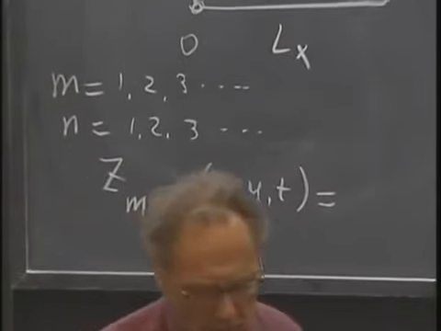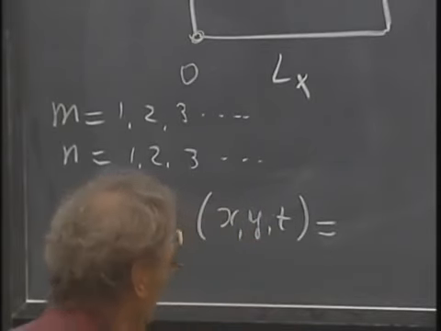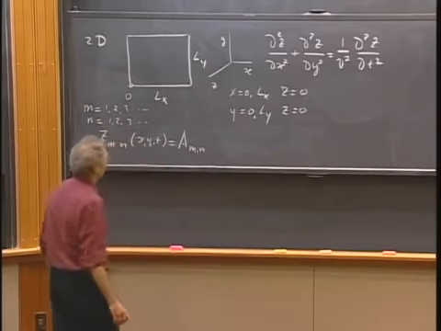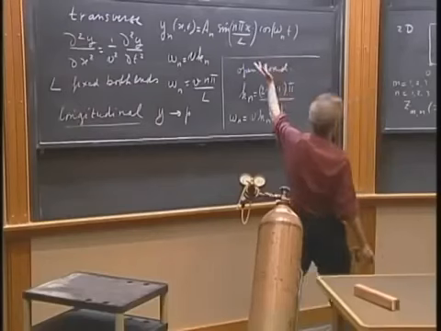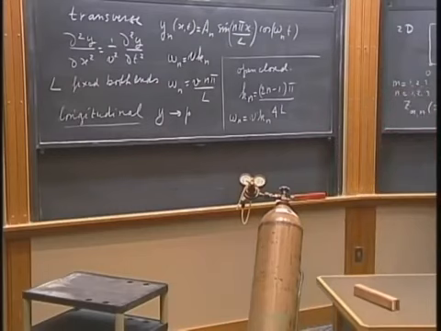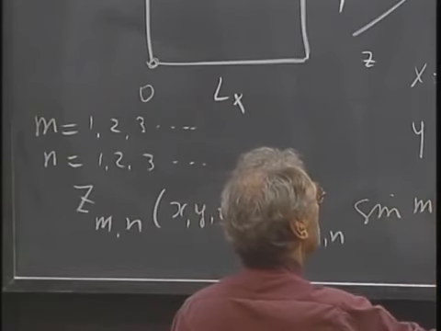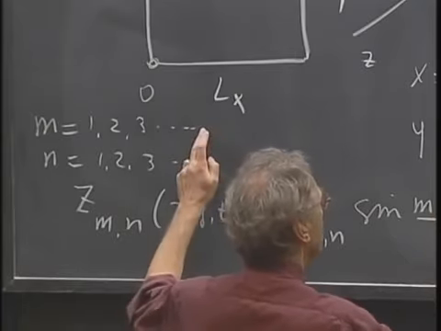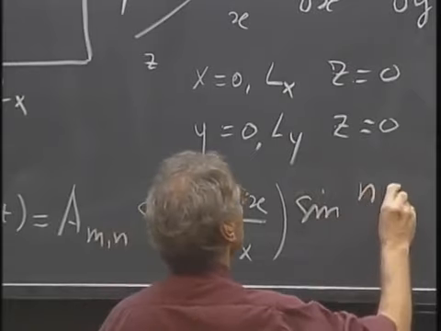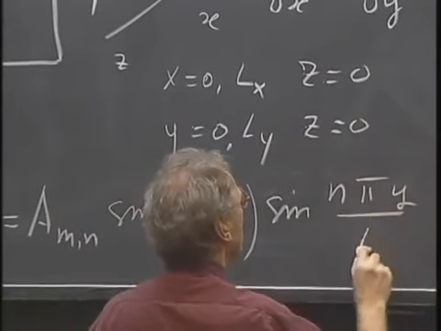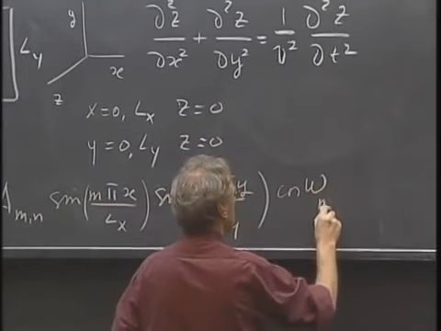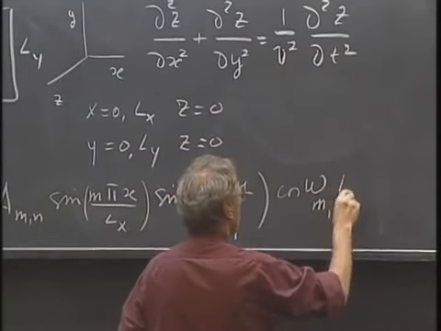So I have to introduce some kind of an amplitude, which can be different for the different modes, Mary Nancy. And now I get something extremely similar to this, except I get two sines. So I get here sine of m pi x divided by Lx times the sine of Nancy pi y divided by Ly times the cosine of omega mn times t.